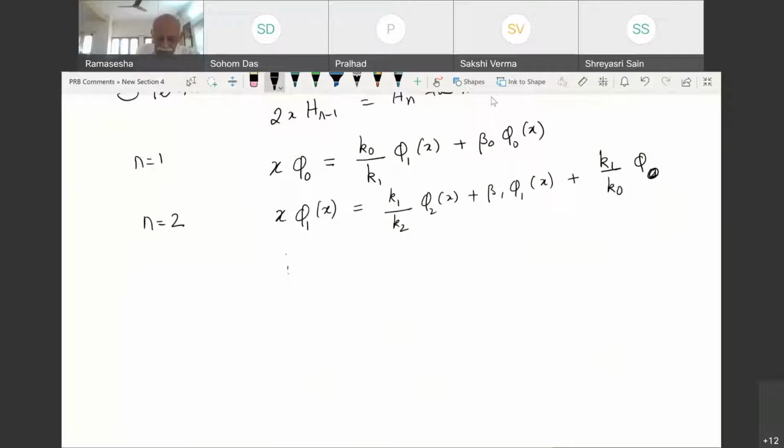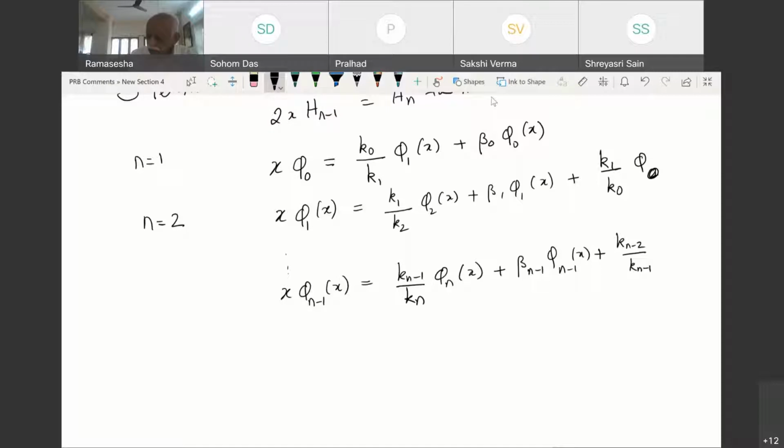For n, xpn minus 1x is equal to kn minus 1 upon kn pnx plus beta n minus 1 pn minus 1x plus kn minus 2 upon kn minus 1 pn minus 2 of x.